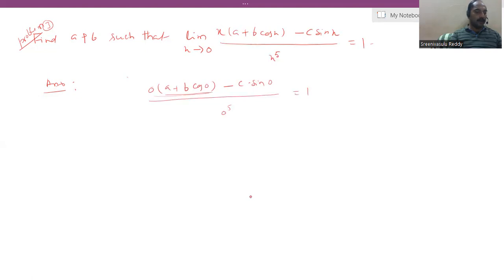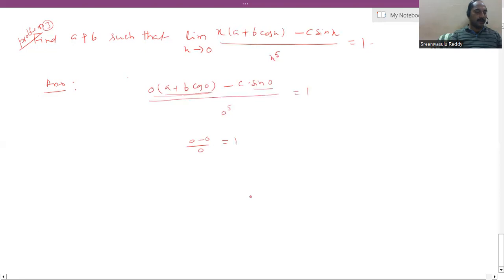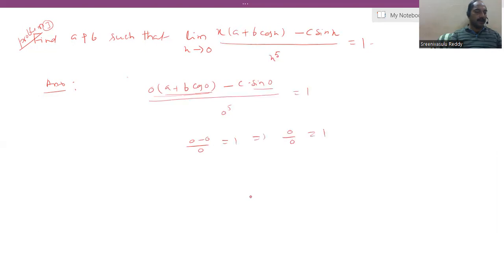Sin 0, 0. 0 into something equal to 0. Numerator 0 minus 0, denominator 0 equal to 1. That implies 0 by 0 equal to 1. This is impossible because 1 is a finite value. 0 by 0 is not a finite value. Indeterminate form means not a finite value, not defined. Not only that, not infinite also. Indeterminate form.